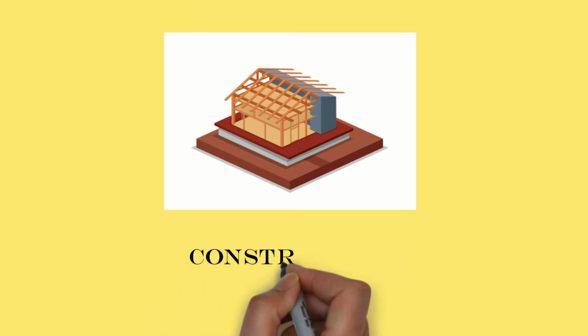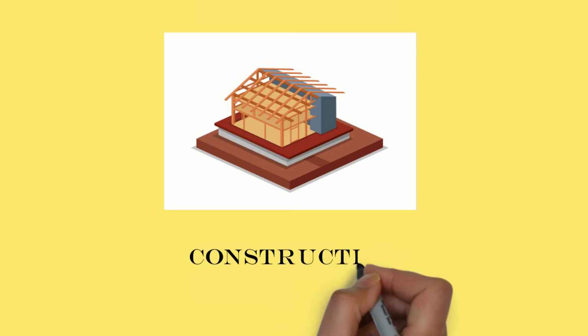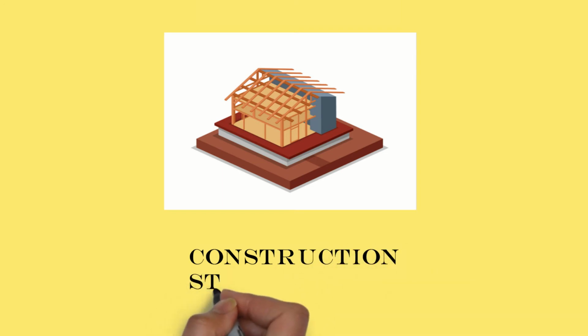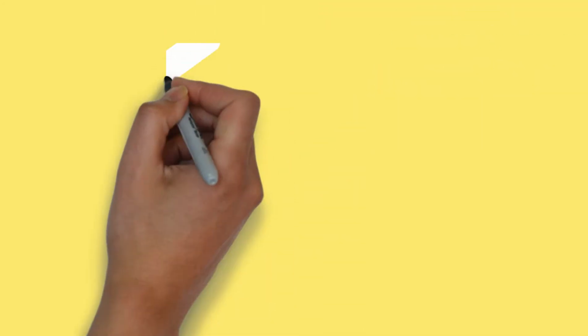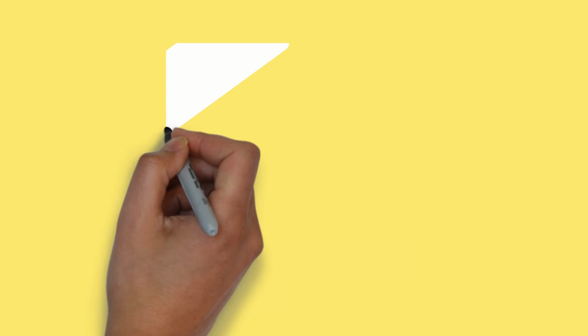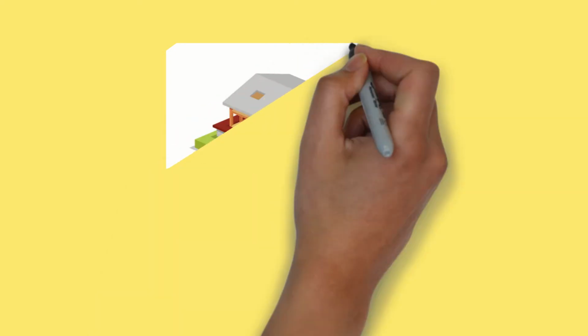For example, if I'm going to create a web application, I need a home page, a nav bar, a contact us page, and all those things. I can easily take those from the framework.